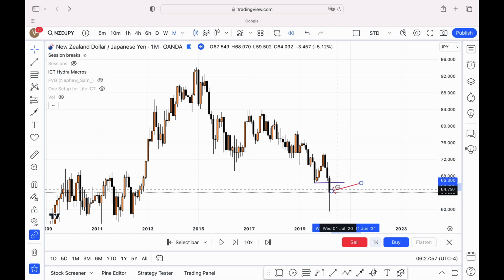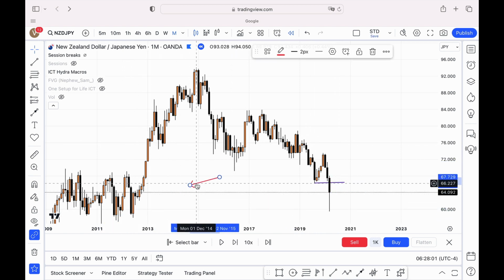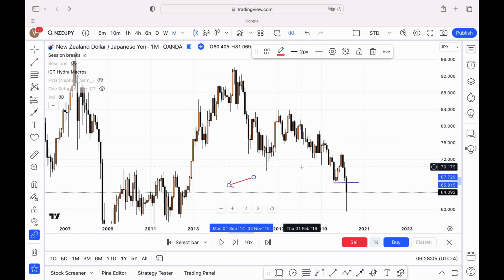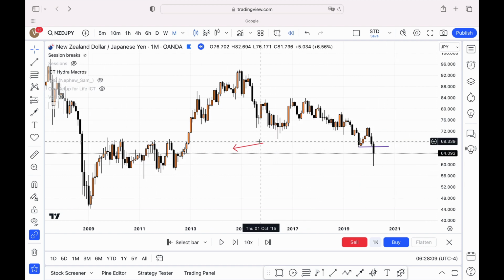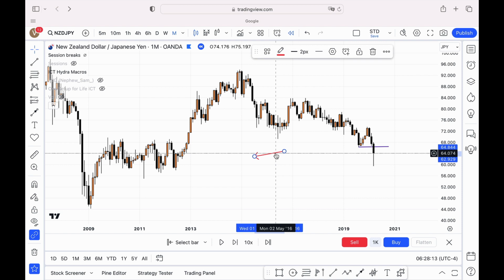We don't know if price is going to carry on going lower to take out these lows or just go up. I'm just going to refresh my chart. So we don't know. The first step really is to think about where price is going.